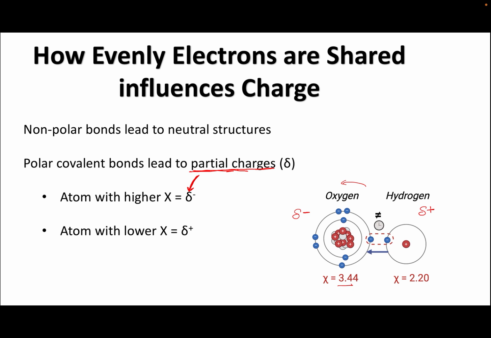This is really what it means to be polar, to have charged regions. So polar covalent bonds will always lead to molecules that have partial charges, with the atom with the higher electronegativity having the partial negative because it's hogging the negatively charged electrons, and the atom with the lower electronegativity possessing the partial positive charge.